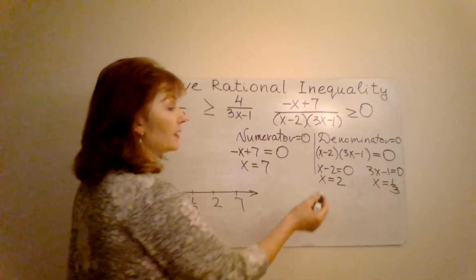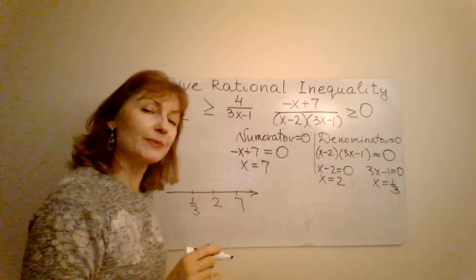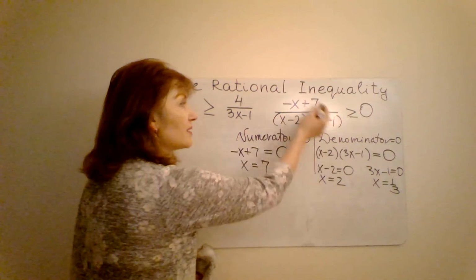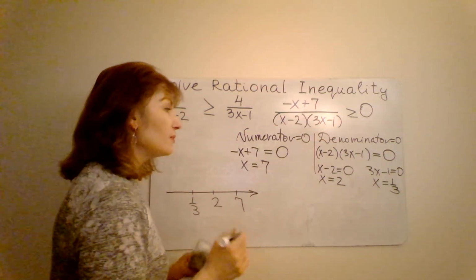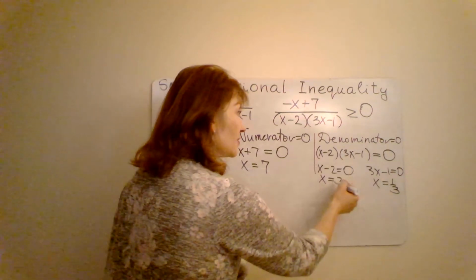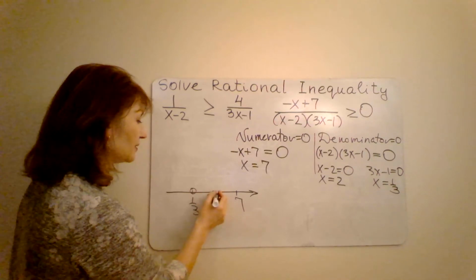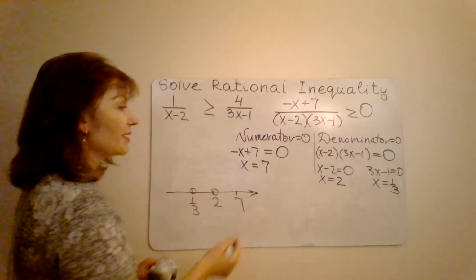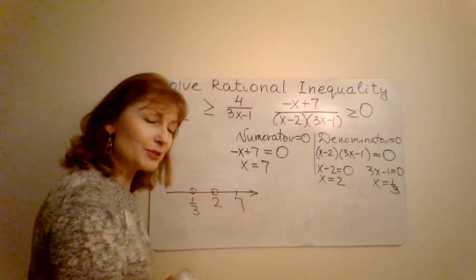Now, since x equals 2 and x equals 1/3 make this fraction undefined, we always exclude zeros of the denominator. Open circle. But if x equals 7, this fraction is equal to 0.